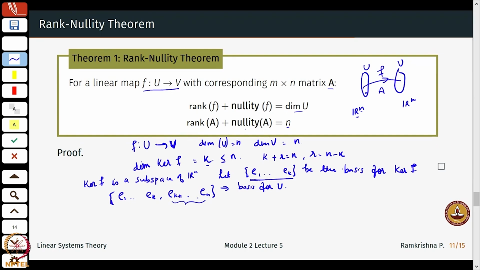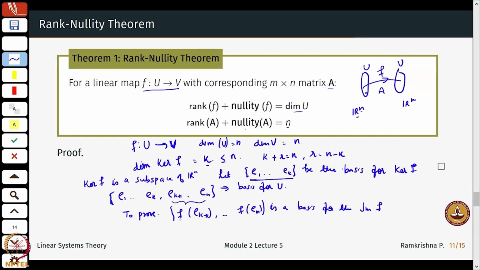So, we have to prove that f of Ek plus 1 till f of En is a basis for the image of f.